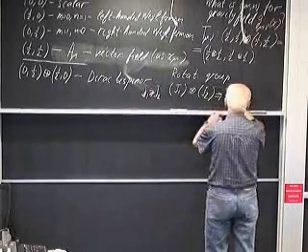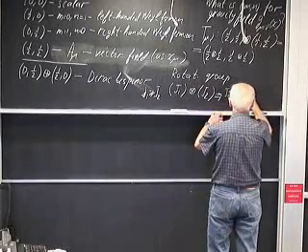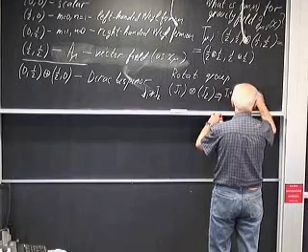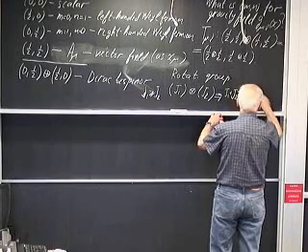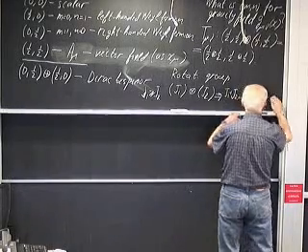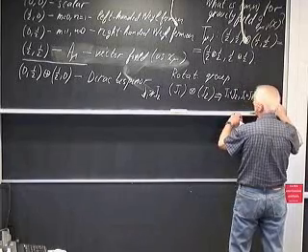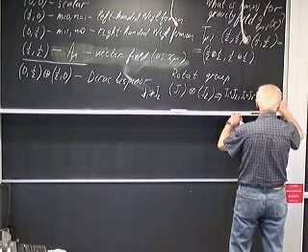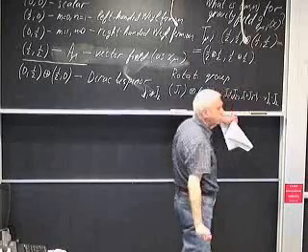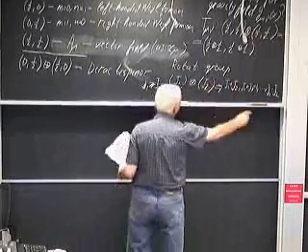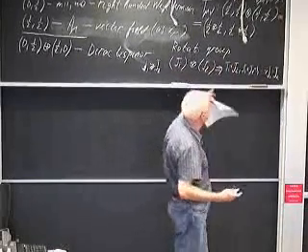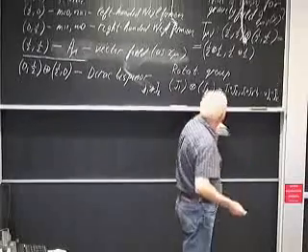So it will be J1 plus J2, J1 plus J2 minus 1, and up to the last, smallest value, which will be J1 minus J2. This is all representations for the rotational group from quantum mechanics, addition of angular momentum.